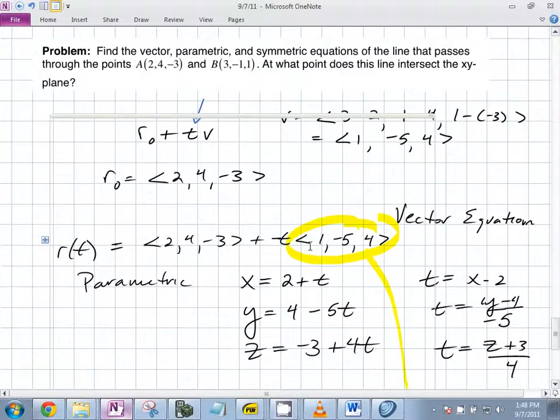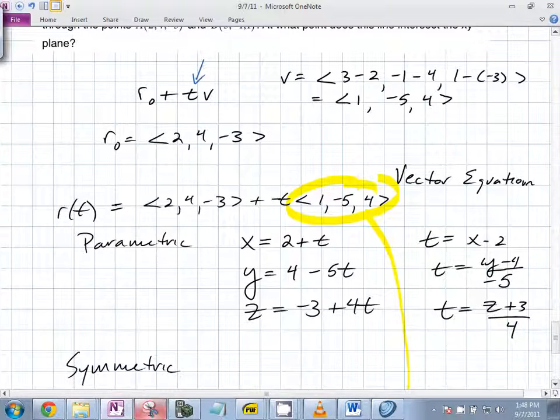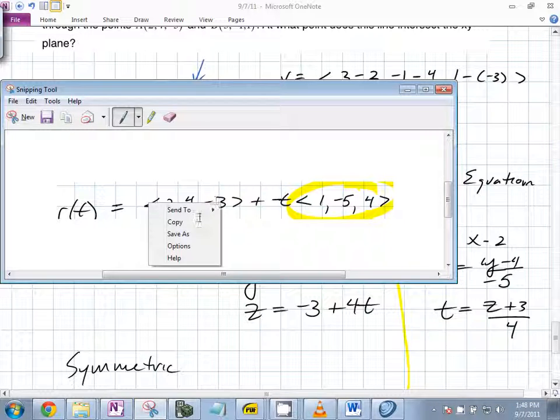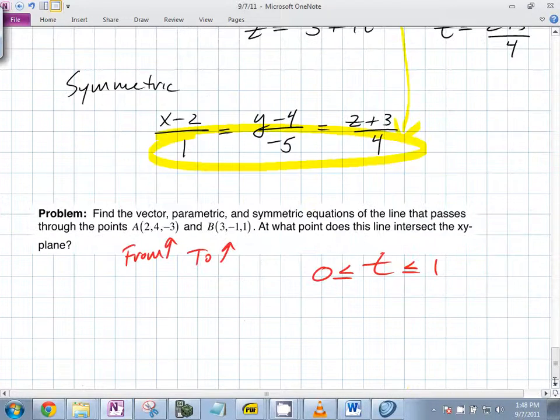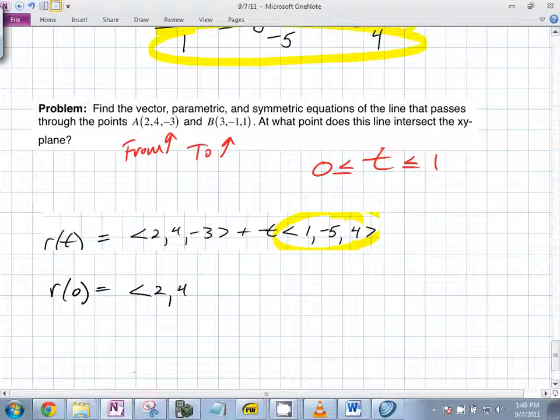Let's see if ours actually does that. When t is 0, so R of 0, what do you end up with? 2, 4, -3, which is A. That's good, because we chose A as our initial point.